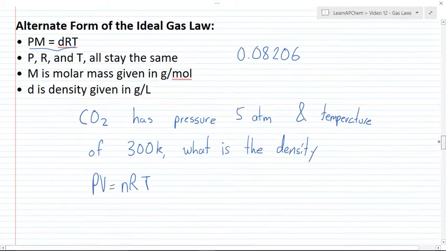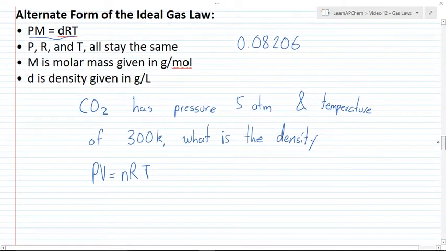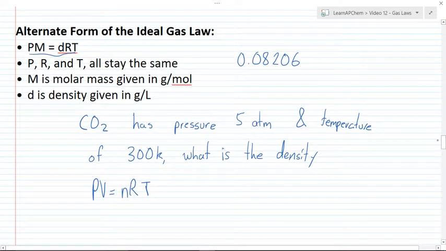Alright, so then we went through an example problem, and then this one is a little bit different. We can derive it from PV equals nRT, but I don't think you would ever be asked to do that, and you can just memorize PM equals DRT.